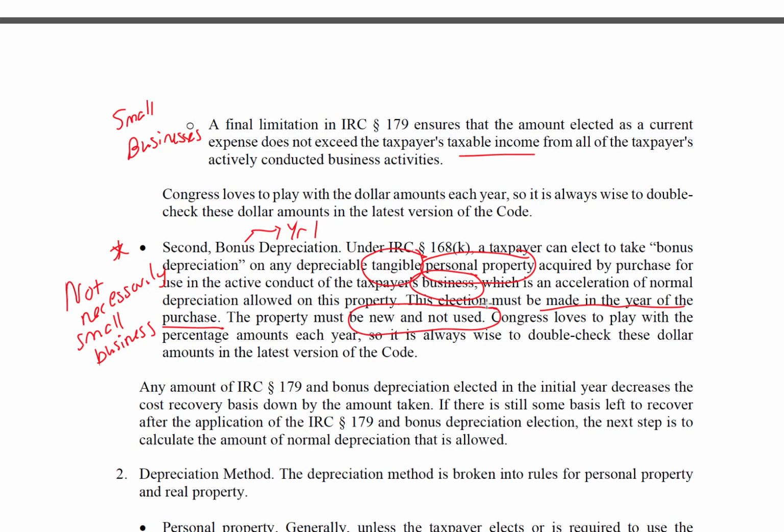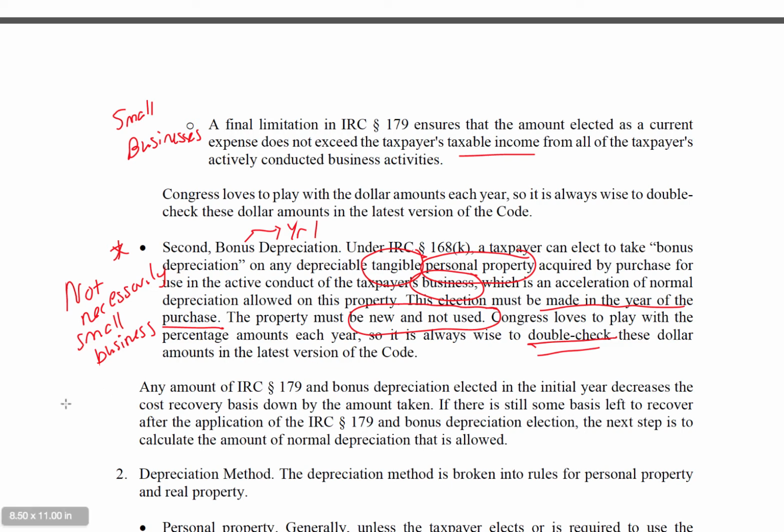So if taking the benefit of early recovery through bonus depreciation incentivizes your transaction, you might want to buy the truck new. This is something to consider. And again, double check your textbook or the Internal Revenue Code, however you're learning this, treatise, whatever it is, with respect to the limitations in your year.